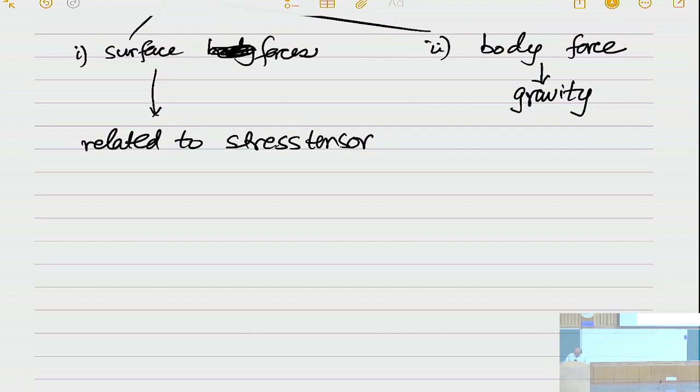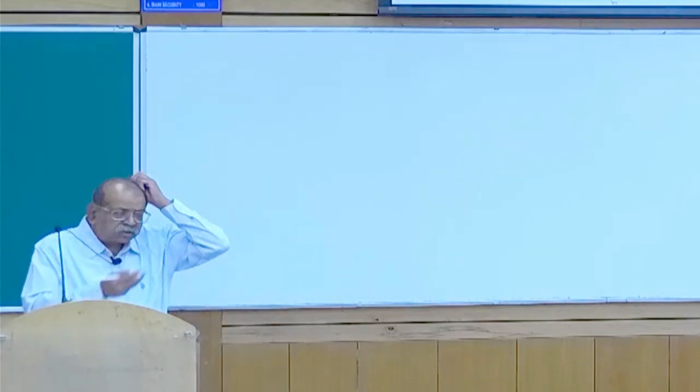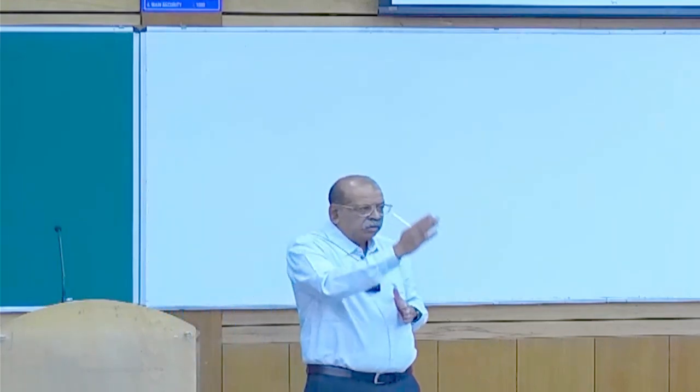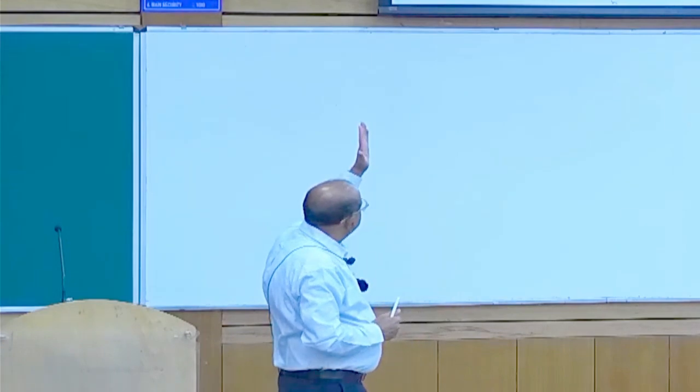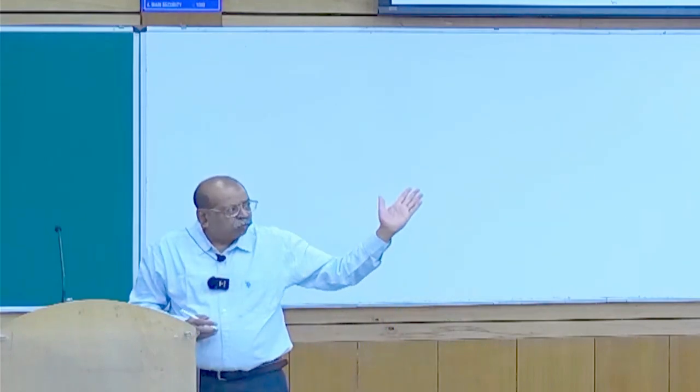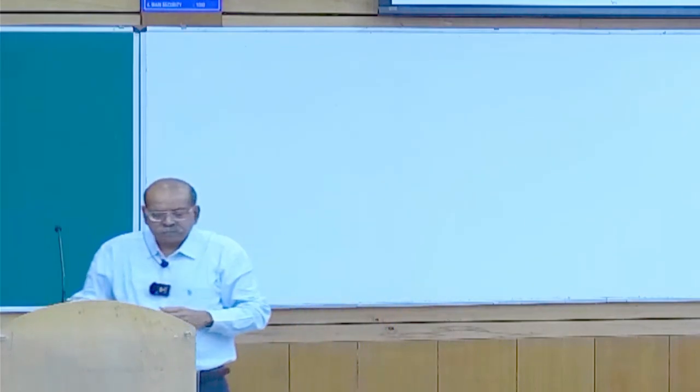So, for example, if we look at surface 1 in the previous example, our surface 1 was basically the surface through which flow is crossing.